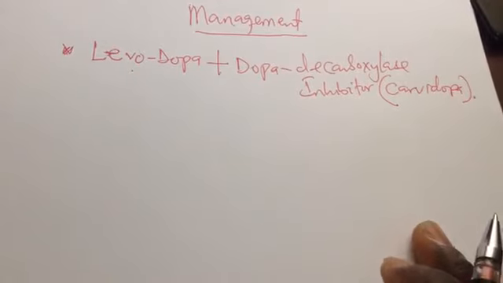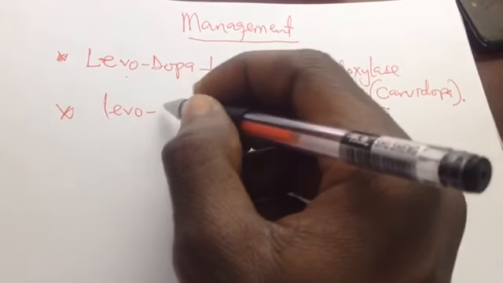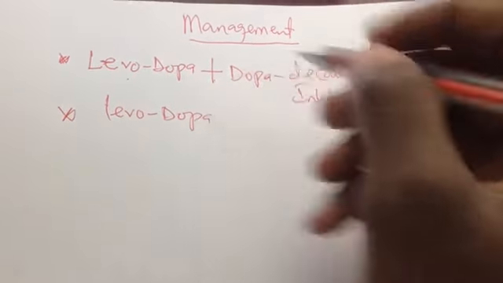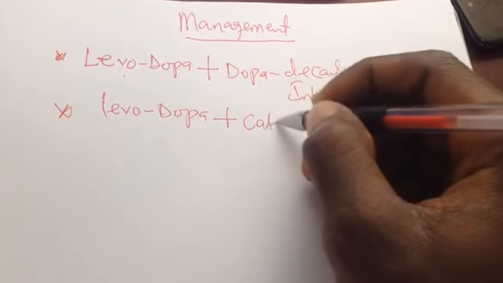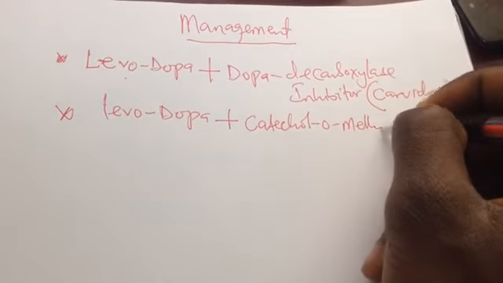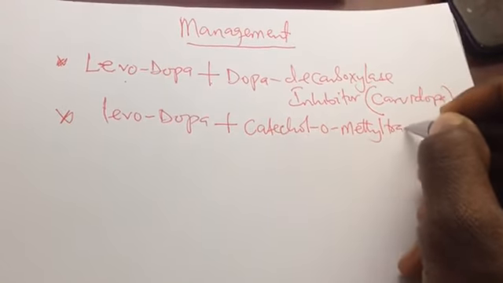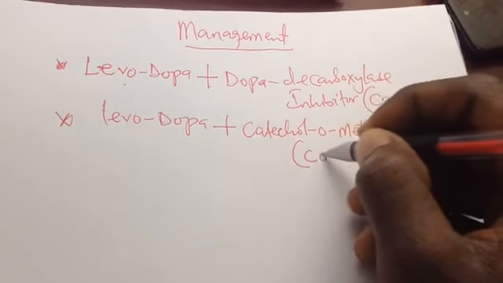Sometimes levodopa is also administered with a drug called catechol-O-methyltransferase inhibitor, also called COMT.